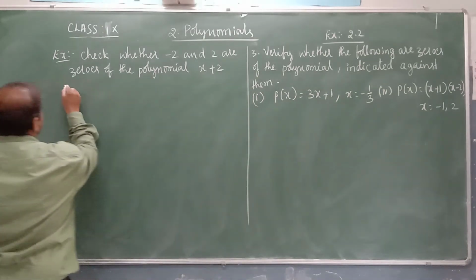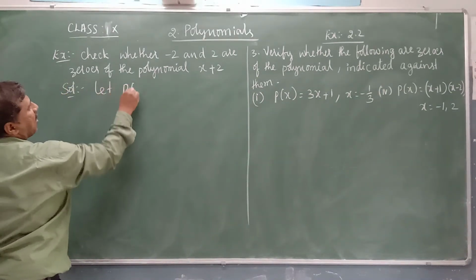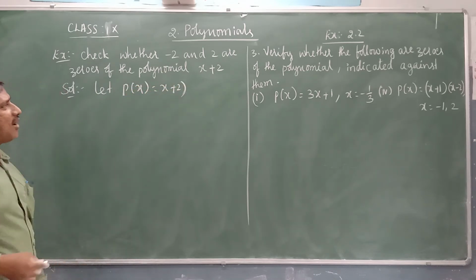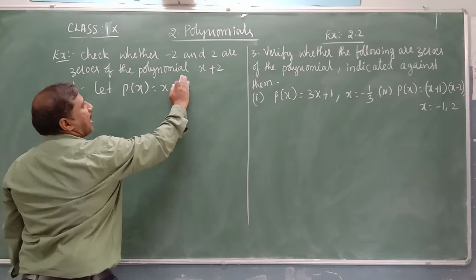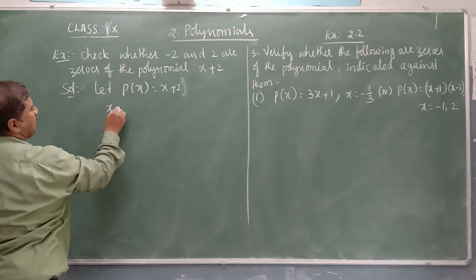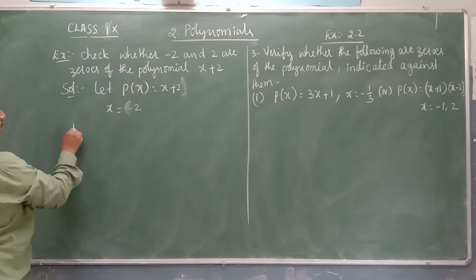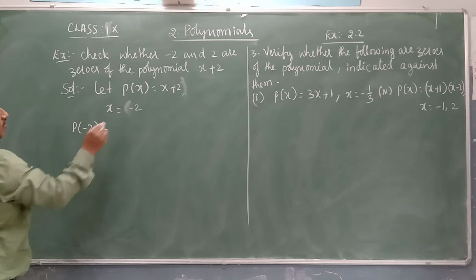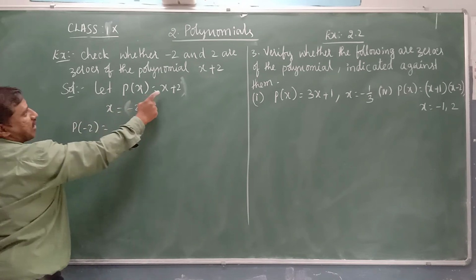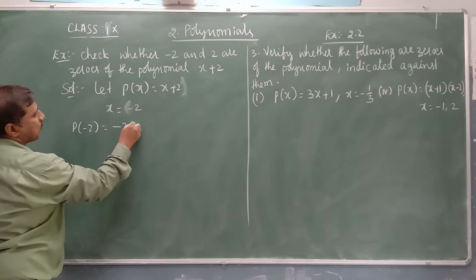We will solve this. The given polynomial, let p of x is equals to x plus 2. Now x is equals to minus 2. Therefore, p of minus 2 is equals to, substitute in the place of x as minus 2, minus 2 plus 2.